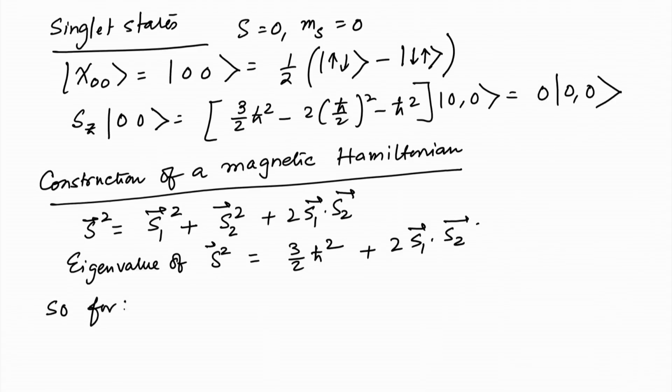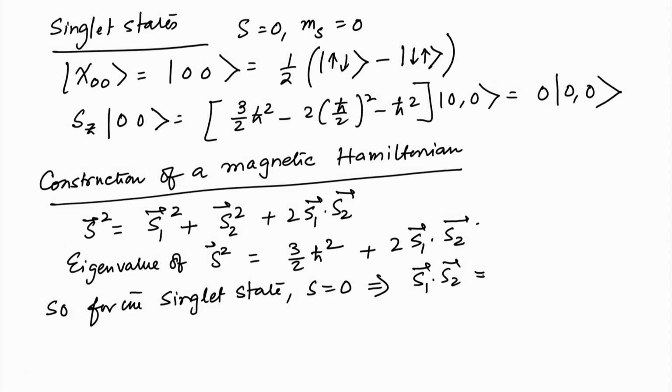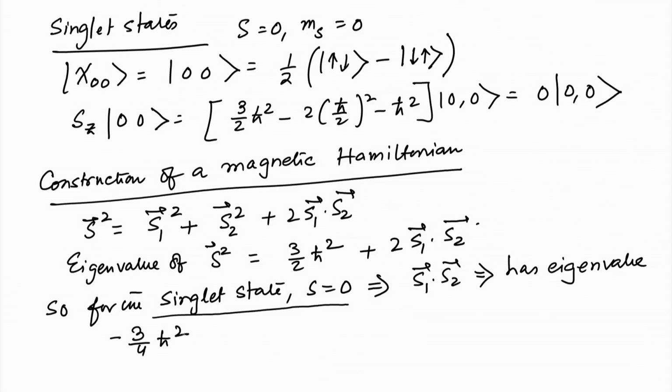So, for the singlet state, that is S equal to 0, we will have to put S equal to 0, because this is equal to 0.